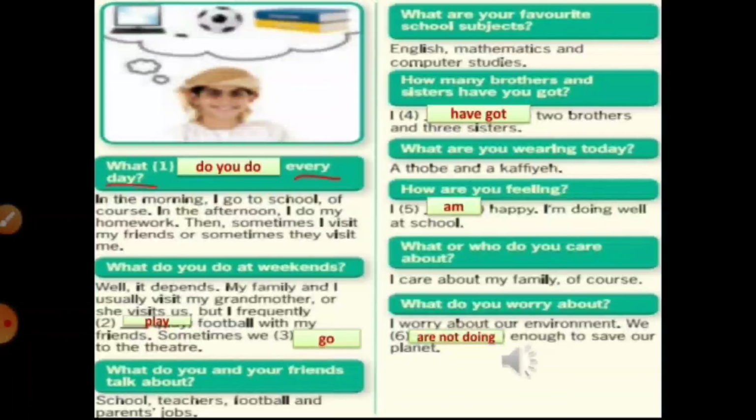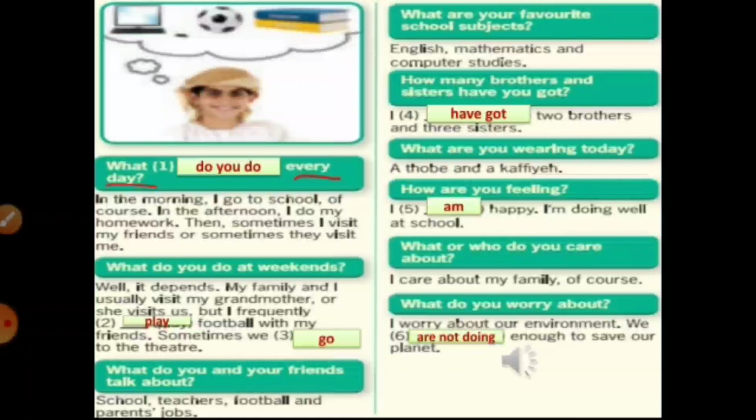طبعا this tense that we are going to talk about next class إن شاء الله الحصة القادمة, we are going to talk about it رح نحكي عنه مطولا. Okay, so look at the question. What do you do? Okay, what do you do every day? Let's look at the answer. In the morning I go to school, I go.